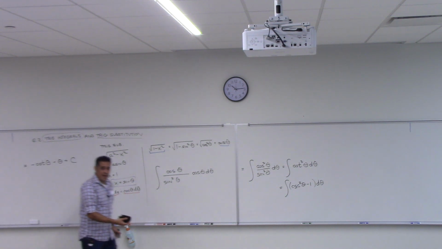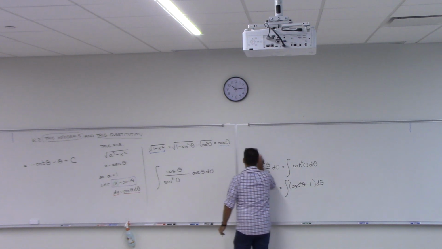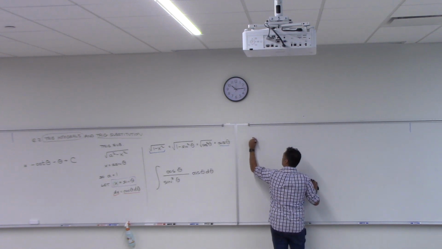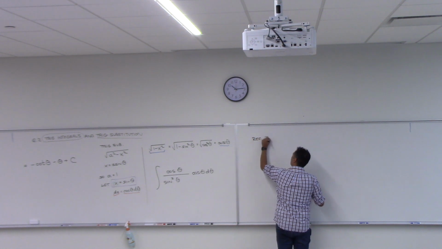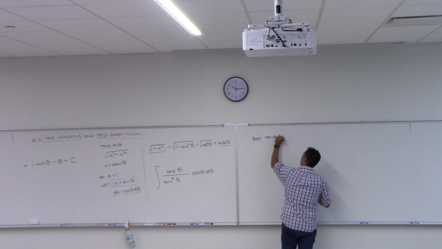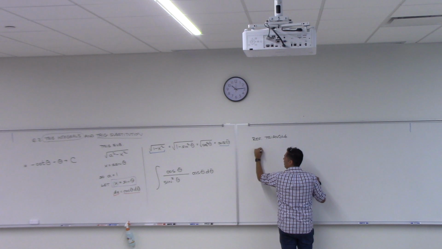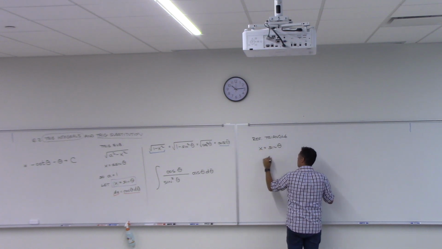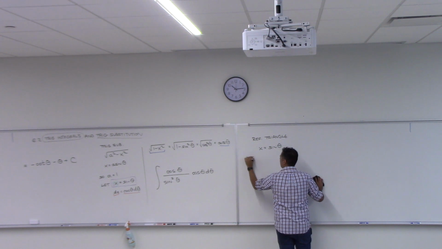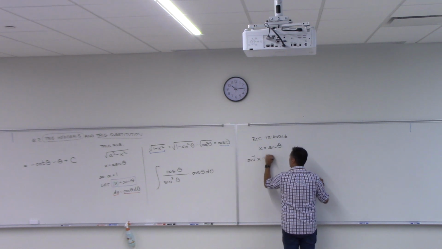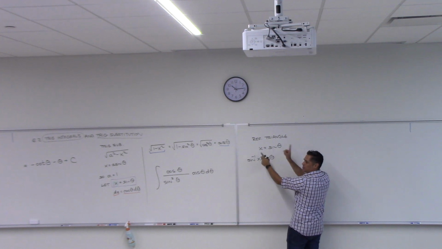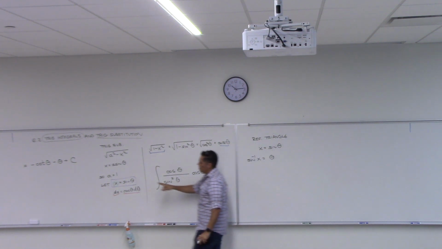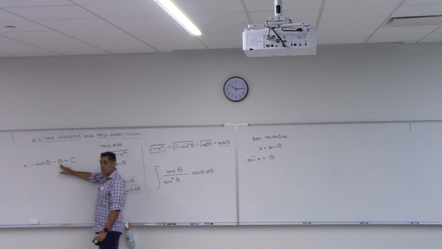So I'm going to have the exact same reference triangle. We already showed that this means inverse sine of x equals theta. We just did the arc sine on both sides. So I can replace this theta right here with arc sine of x.